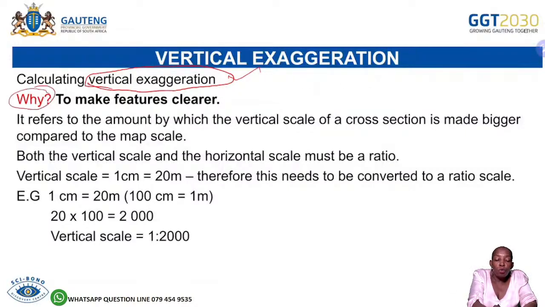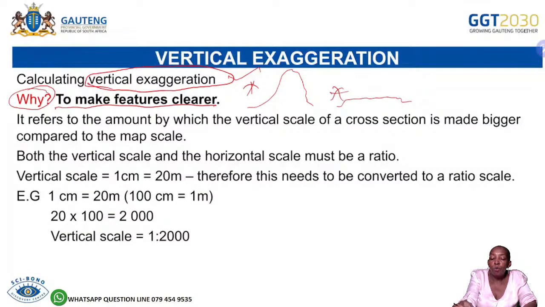So why do we calculate vertical exaggeration? To make features clear. If we have a cross-section that has been drawn, and we differentiate between a cross-section that is showing a feature that is like this and a cross-section that is showing something like this, between these two features, we cannot determine what feature it is just by looking at how the cross-section is drawn.